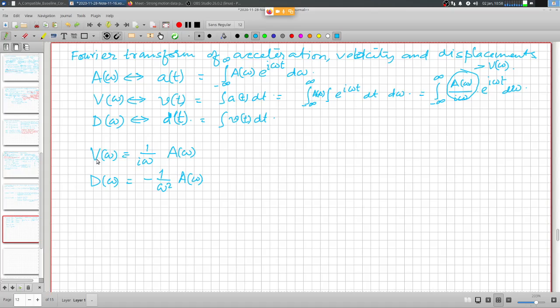Now the only problem here is it goes from minus infinity to plus infinity, so there is a zero somewhere. What happens at zero? This entire thing is going to blow up at omega equal to 0.